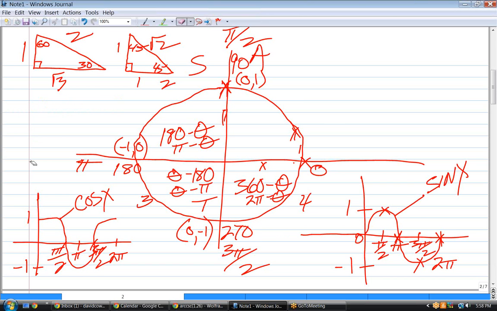There's no piece of information on here that you don't need to know. And this is a good thing to be able to recreate from your mind. You don't want to have to constantly refer to this page. The moment you get every aspect memorized, you'll be fabulous in trig, at least at this point.